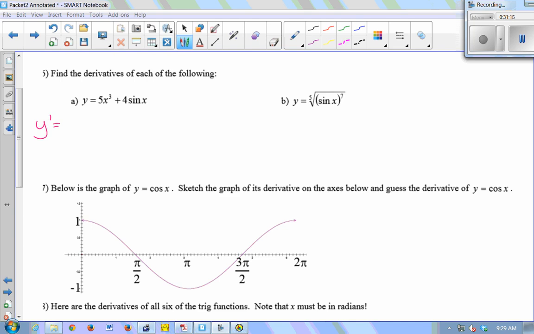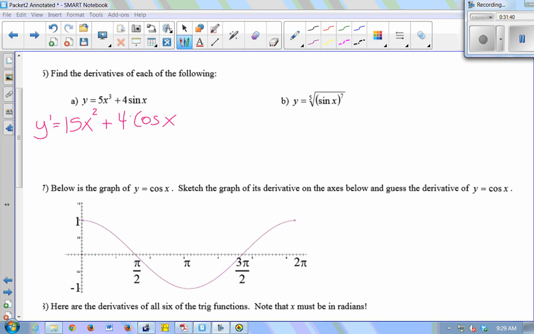What is the derivative of 5x cubed? 15x squared. And 4 sine x? 4 cosine x. Yeah, we just have a constant coefficient. Those just come along for the ride, right? And then you take the derivative of sine, which is cosine. So that one was easy, right?